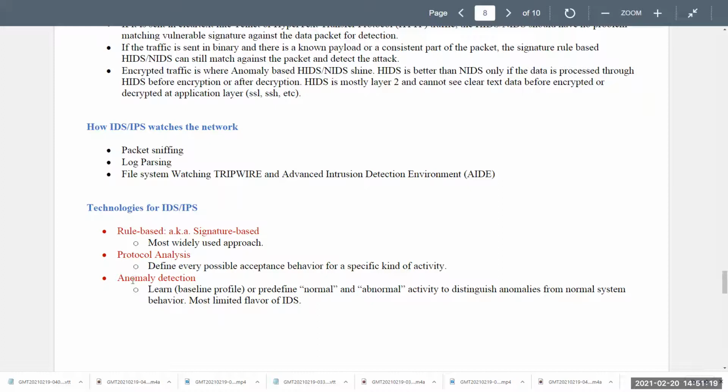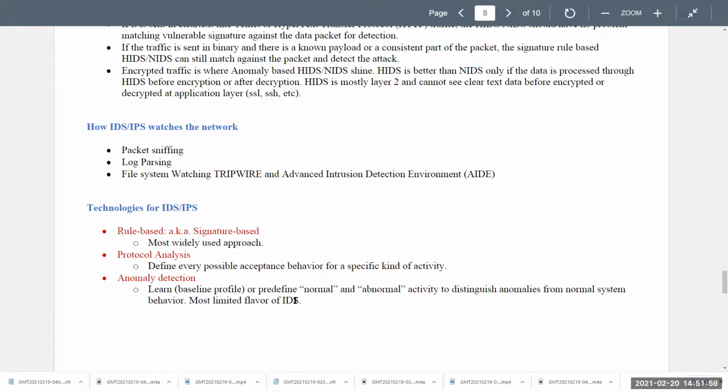And another one is anomaly detection, meaning that we define normal or abnormal activities. For instance, if you use SNMP, the Simple Network Management Protocol, to manage your printers, and it's supposed to have roughly around 5,000 packets in daily activity, and it suddenly becomes 4 million or a lot of those SNMP packets, it's beyond the normal threshold.